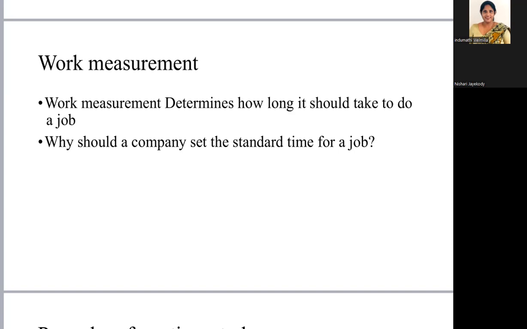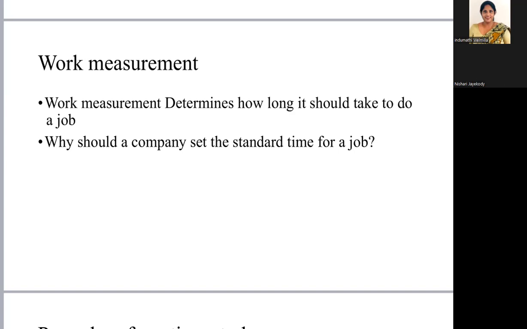Suppose an operation takes 0.3 standard hours of labor and you need 1,000 of these operations to complete a job, then you need 300 standard hours to complete the job, because we get that value by multiplying 1,000 by 0.3.